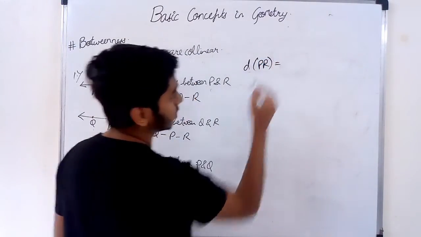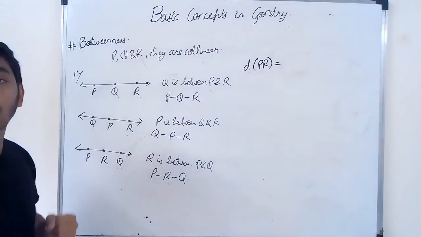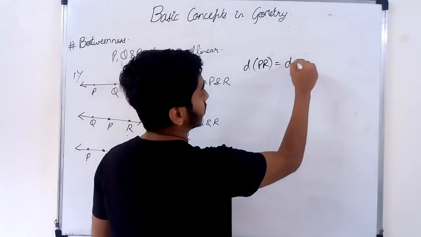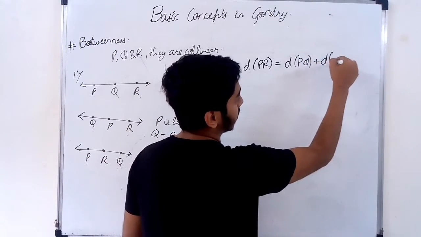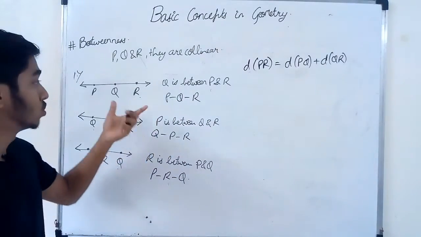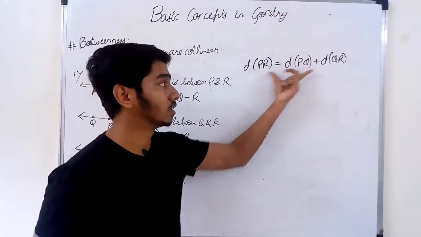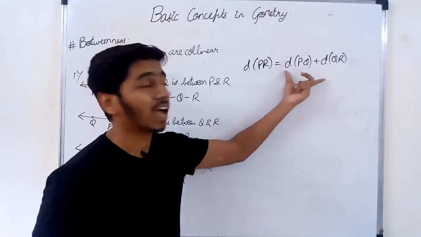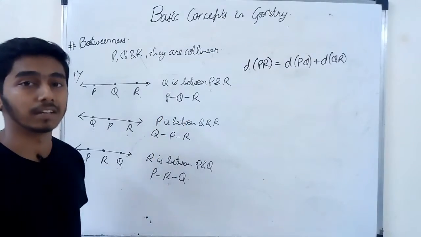Distance PR will be distance PQ plus distance QR, correct? So if this statement is happening, then we can say that there is betweenness which is occurring.